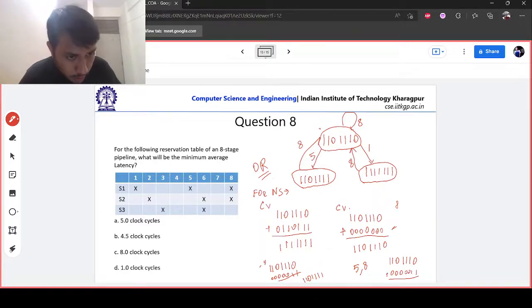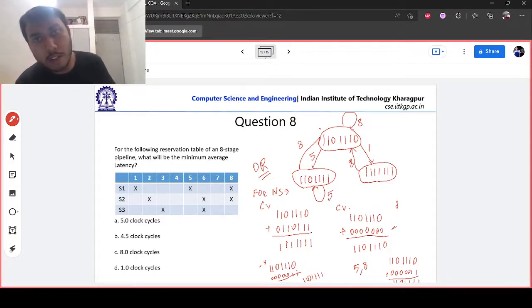So it will be 1, 1, 1, 1, 0, 1, 1. So it will return to the same state. So this is the state diagram, right?